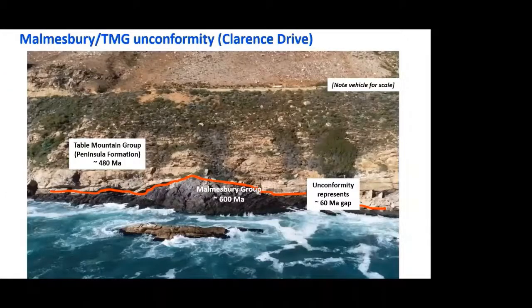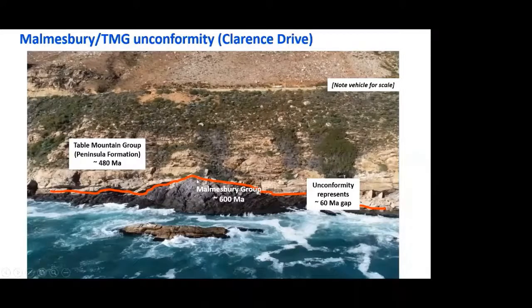Now, if we have a look from a drone, which we have a tame drone pilot, Gavin, who will be taking a lot more of this type of work for us. We have a look here at the Blowstein, the Malmesbury Group in this area, the dark grey, blue-grey rocks here, overlain by the pale, in this area almost horizontal, slightly dipping away from us here, Table Mountain Group sandstones.